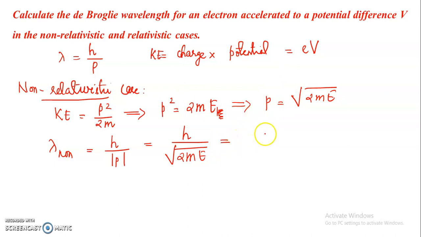So it is equal to h by root 2m eV. This is the de Broglie wavelength associated with a charged particle in the non-relativistic case. If we use charge Q instead of e, we can just put Q here: root 2m into QV.